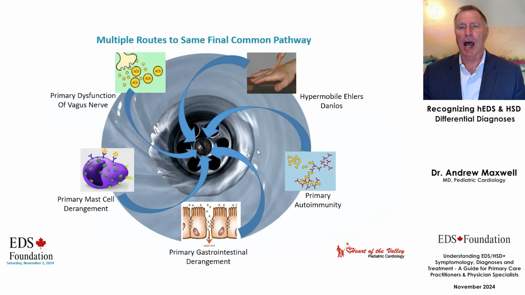And really, when you think about the starting place that these patients have, they may all start in different places. There may be people coming in with pure autonomic dysfunction, pure vagal nerve dysfunction, or those who early on identify as having hypermobile Ehlers-Danlos, or those early on that are showing signs of autoimmunity, or those early on who are showing gastrointestinal problems, IBS, things like that, or those early on who are showing sensitivities to their environment, as in allergies, and end up being ultimately diagnosed with mast cell activation syndrome.